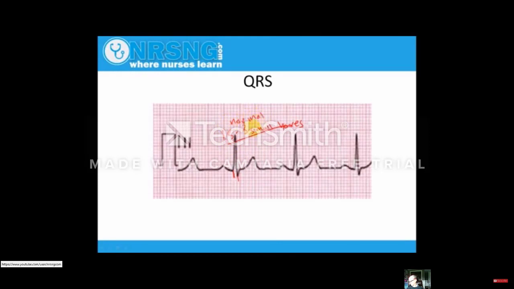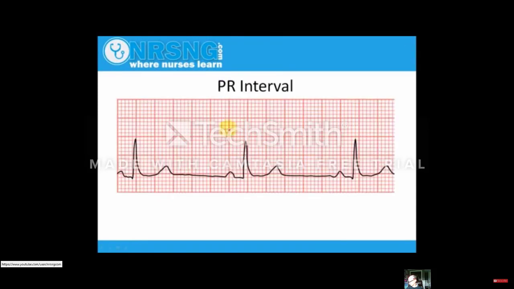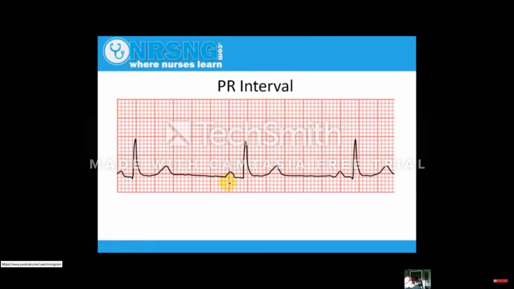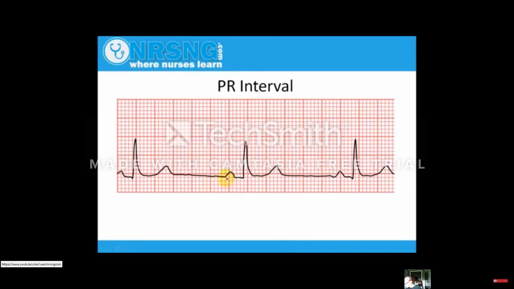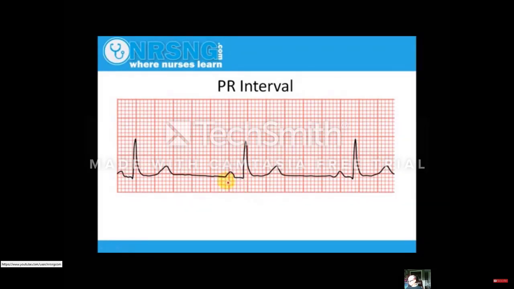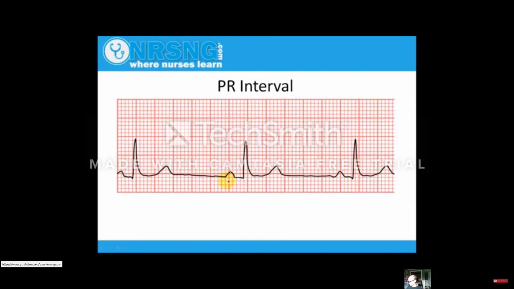PR interval. So our PR interval is going to represent the onset of atrial depolarization to the onset of ventricular depolarization. Okay, so what we want our PR interval to be, we want it to be 3 to 5 small boxes. So onset of P wave to beginning of the R wave, about right there.